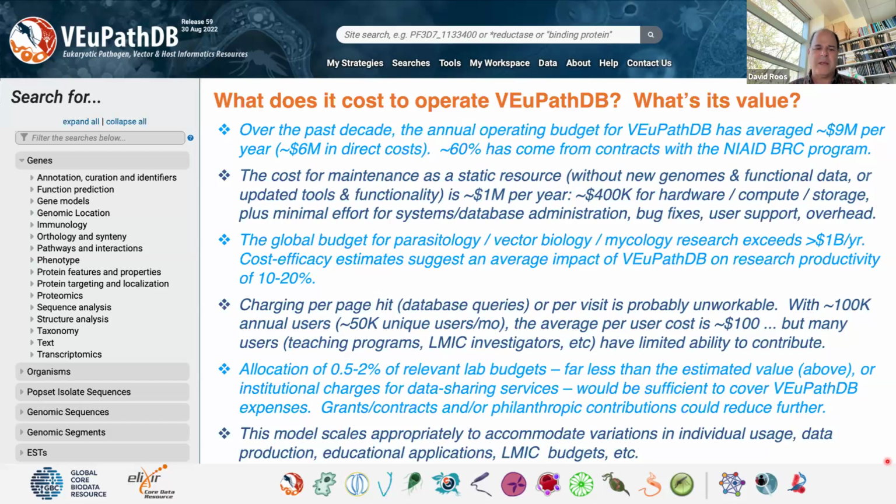Now, that does not mean that we would or could charge $50,000 a year to anyone's lab. And fortunately, we don't need to. With 100,000 unique users, if for the sake of argument we needed to find $5 million in direct costs per year, that would mean a cost of $50 per person.